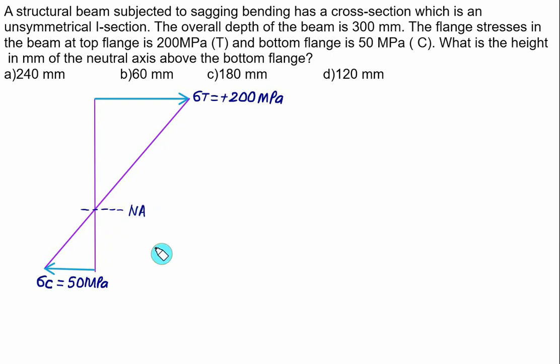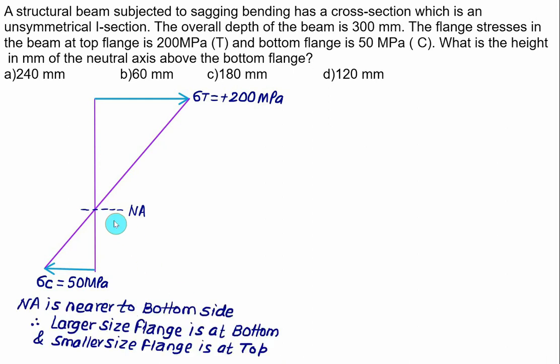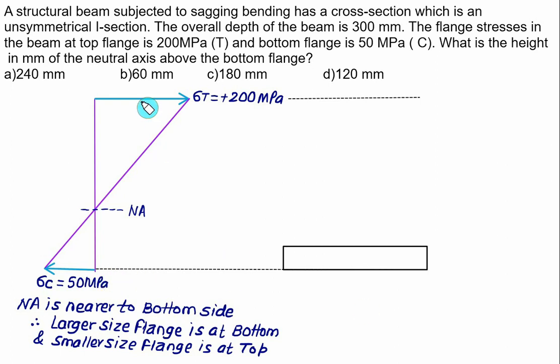It means that the centroid position is nearer to the larger area. So we have a larger flange at the bottom and a smaller flange at the top. Since the neutral axis is nearer to the bottom side, we must have a larger flange at the bottom and a smaller flange at the top. So at the bottom we show the larger size of flange, and at the top the smaller size of flange.